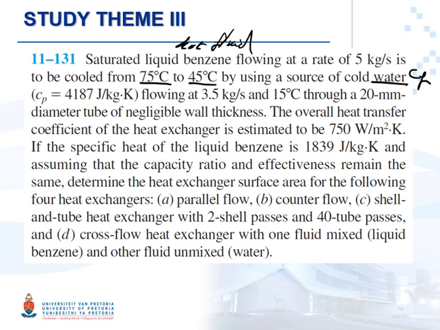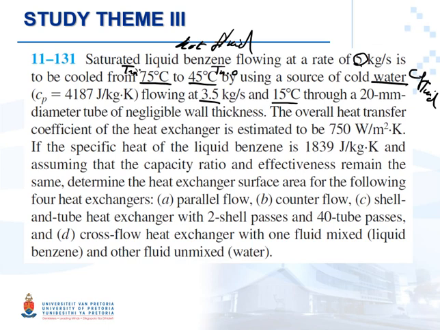For the hot fluid, I have m dot h, I have Th in, I have Th out, and for the cold fluid, I have m dot c, I have just one of the temperatures, so I don't have Tc out.